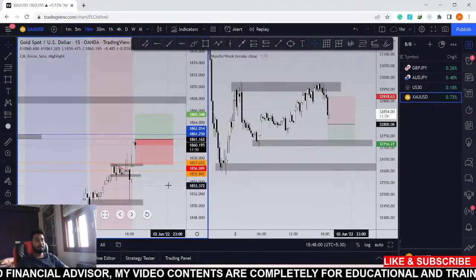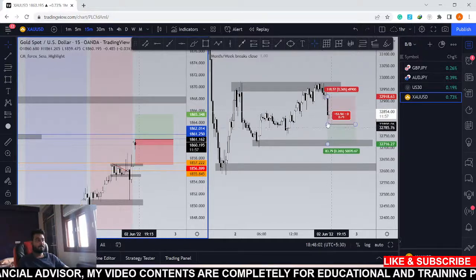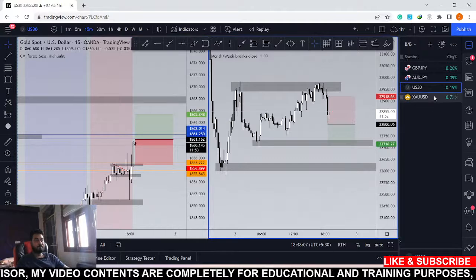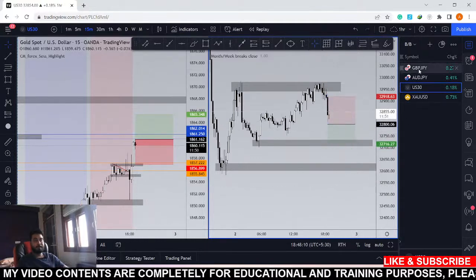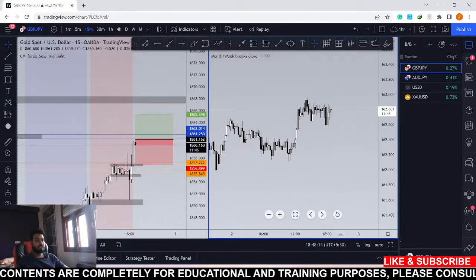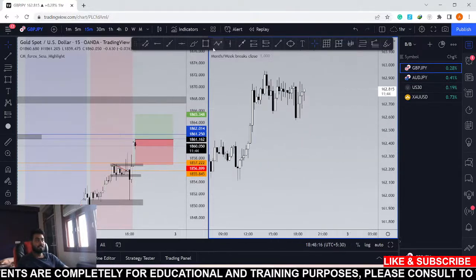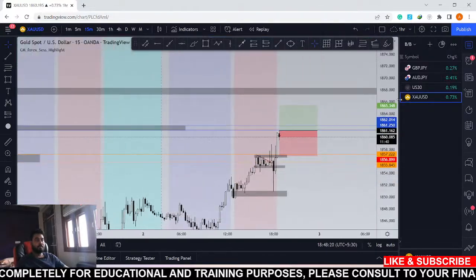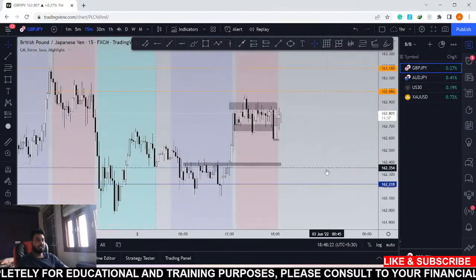You can see my US 30 order has not gotten tagged in. Let it be. Let's look at the GJ. GJ is completely inside the range. Let me just mark an alert on GJ.